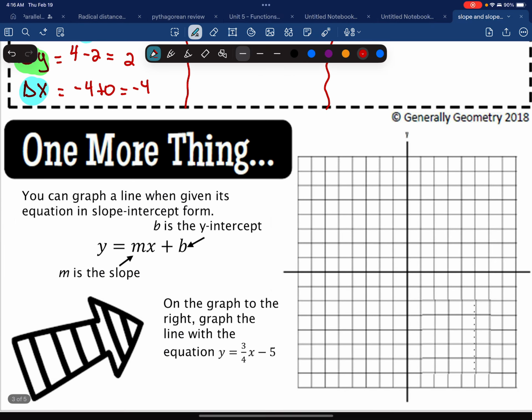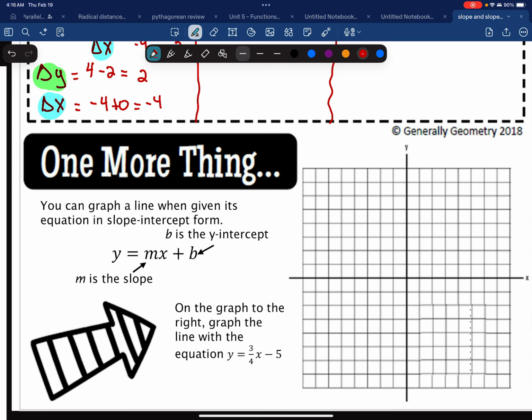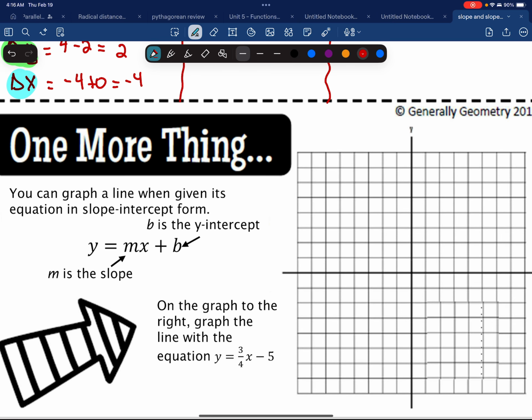Now, the last thing we're going to talk about is slope-intercept form. Slope-intercept form is right here: y equals mx plus b.